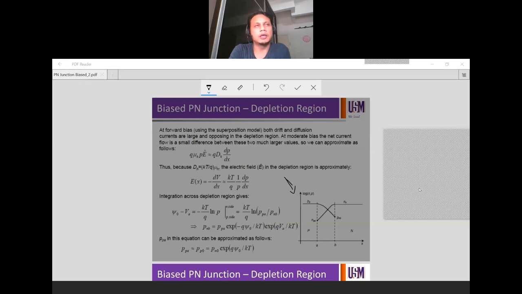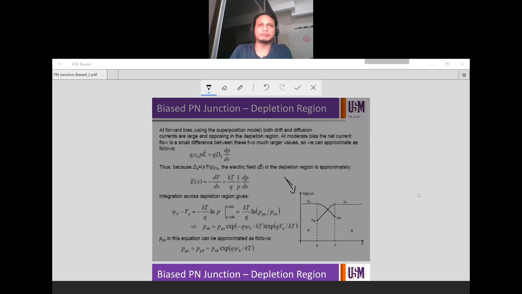We have discussed until the calculation of minority carrier density in the opposite region. So the moment you apply forward bias, that's going to cause your majority carriers in both sides, P side and N side, to start diffusing again, right?